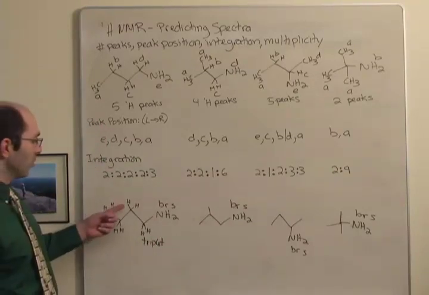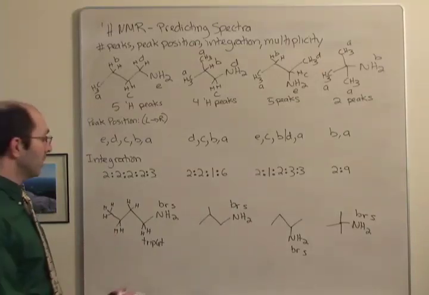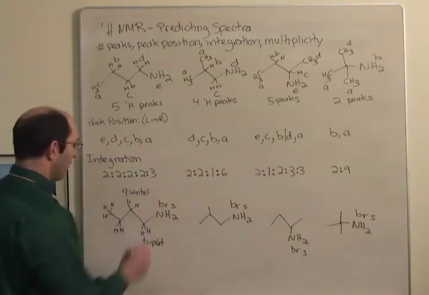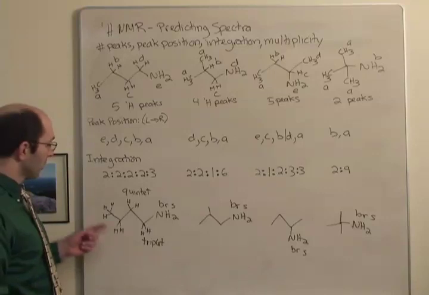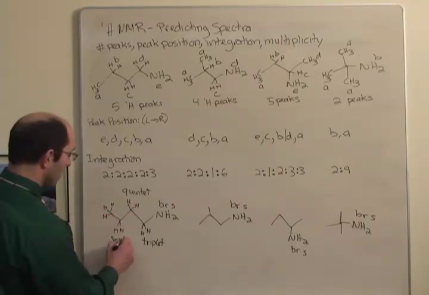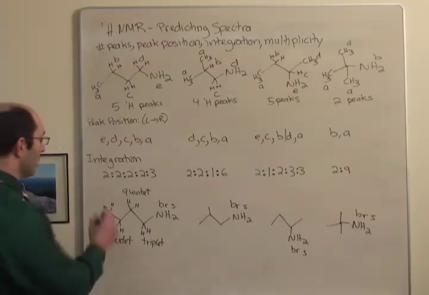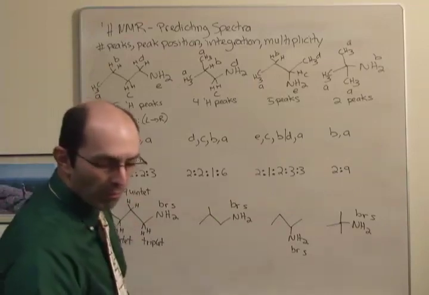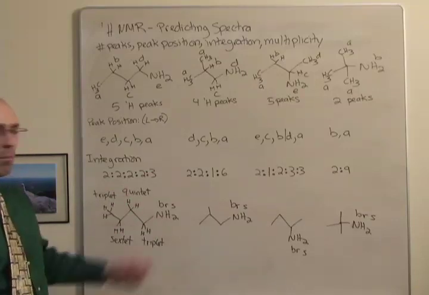The next CH2 group has 4 neighbors, so that n+1 means it will be split into 5 lines, that'll be a quintet, 5 lines. The next one has 5 neighbors, that'll be split into 6 lines, a sextet. And then the methyl on the end has 2 neighbors, that'll be split into a triplet. So our 5 peaks, we're going to see triplet, sextet, quintet, triplet, and a broad singlet.